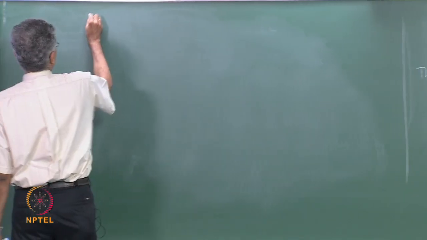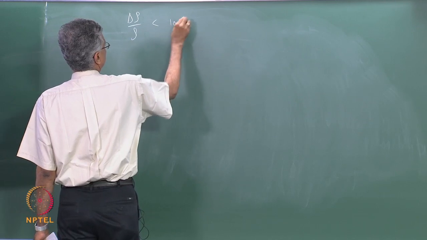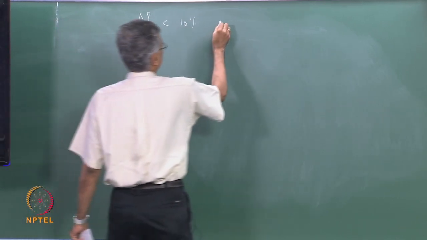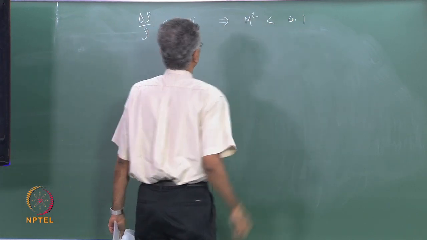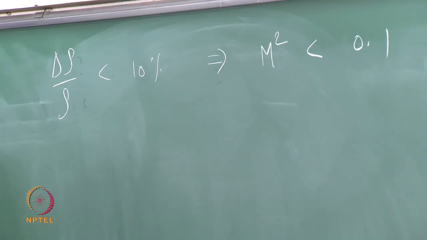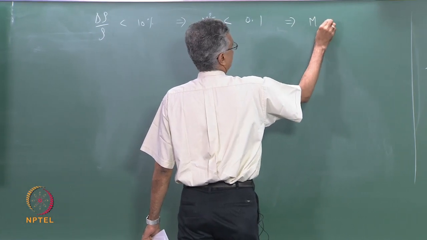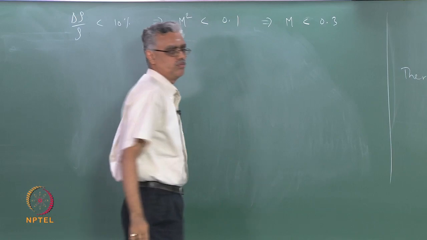So if I say that delta rho over rho should be less than 10%, this implies that M squared should be less than 0.1, which then says that approximately M should be less than 0.3.